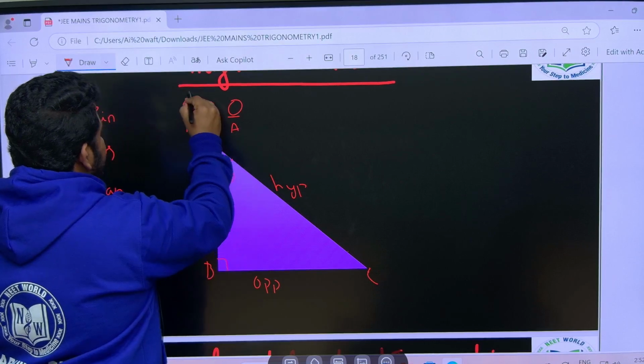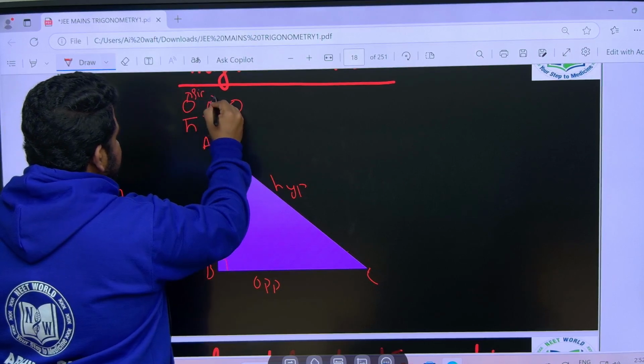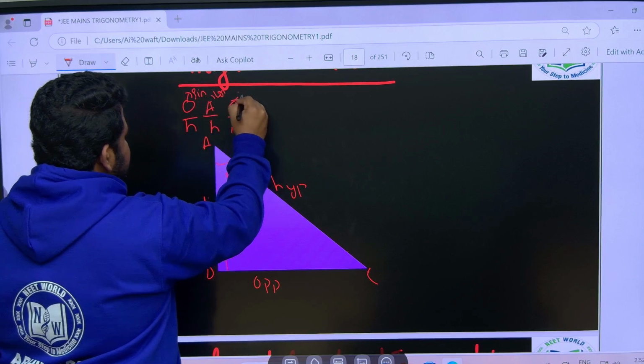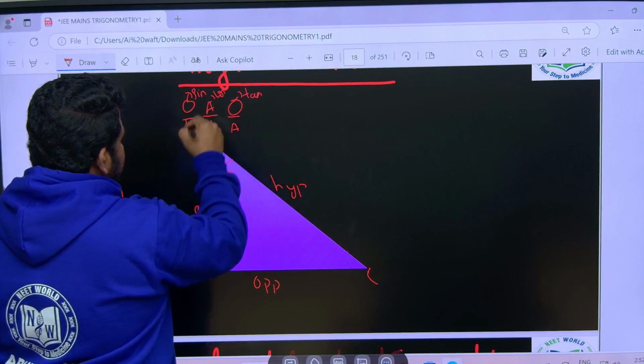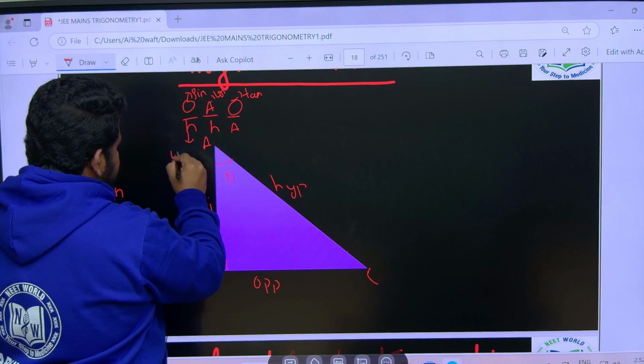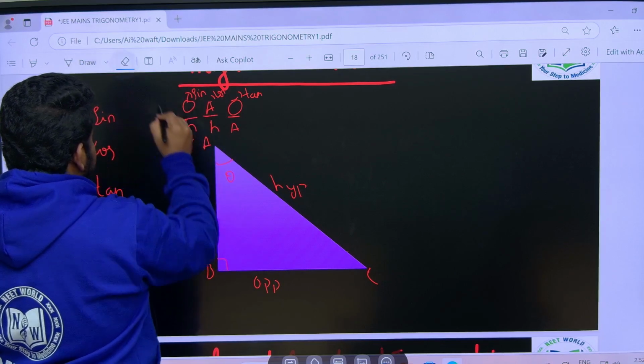This is sine, this is cos, this is tan, and the inverse of sine is cosec.